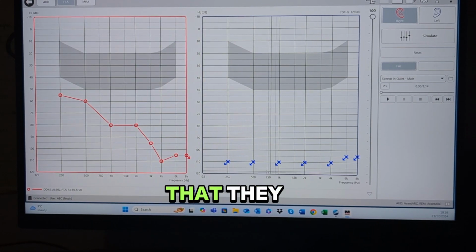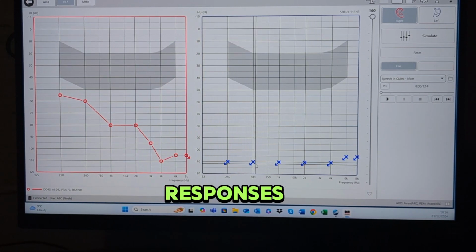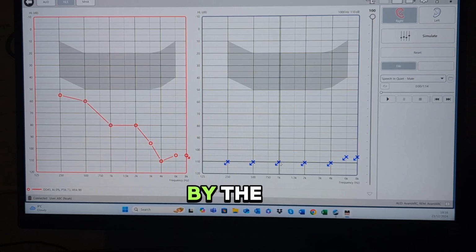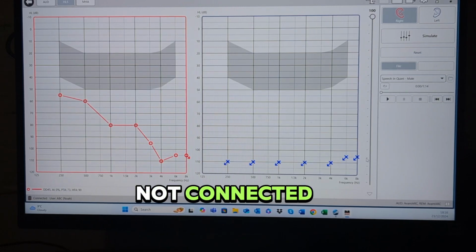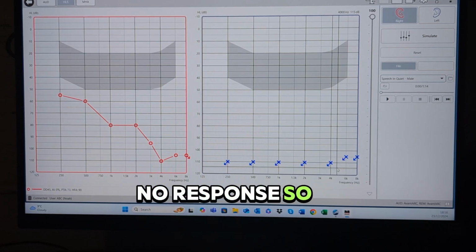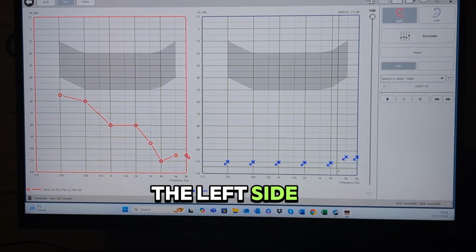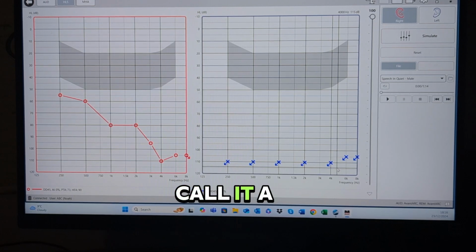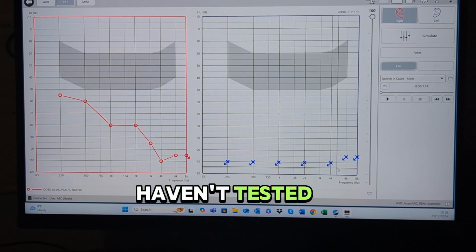And when they did that, they got to this point where there were no responses, as you can see by the fact that the dots are not connected and there's an arrow pointing down, which is the symbol for no response. So the way we classify the left side, we call this a profound hearing loss. In the past, they would call it a dead ear. Some consultants still use that term, which is not strictly a correct or updated medical term, because we haven't tested past this point.